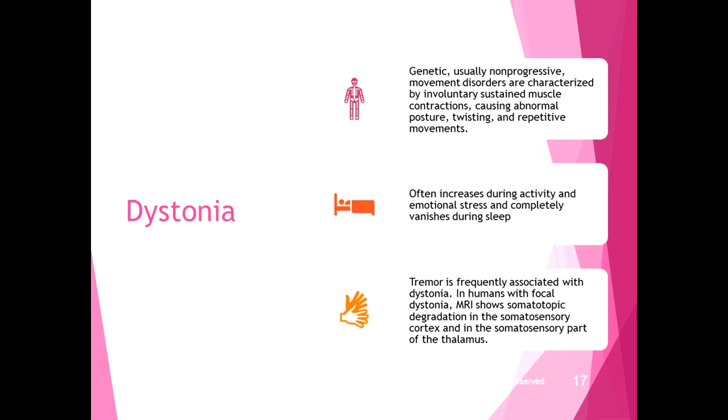Tremor is frequently associated with dystonia. There's a form of dystonia called focal dystonia. When someone has focal dystonia, MRI shows somatotopic degradation in the somatosensory cortex and in the somatosensory part of the thalamus. So it's like you lose your brain map with dystonia. Really interesting.